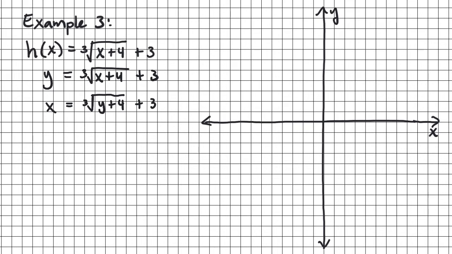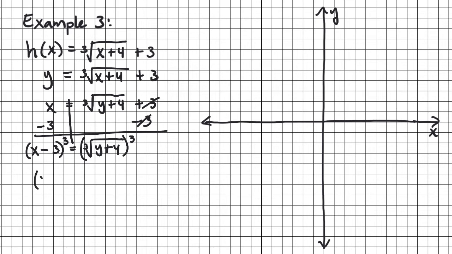So the opposite of adding 3 is subtracting 3. So I get x minus 3 equals the cube root of y plus 4. These 3's will cancel. How do I get rid of the cube root? Well, I need to put a parentheses on both sides and raise it to the third power.